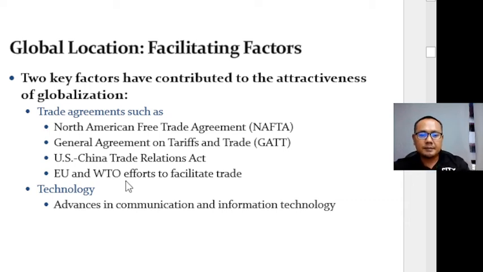Okay, and when we go further and go for the global, we can see two key factors have contributed to the attractiveness of globalization.